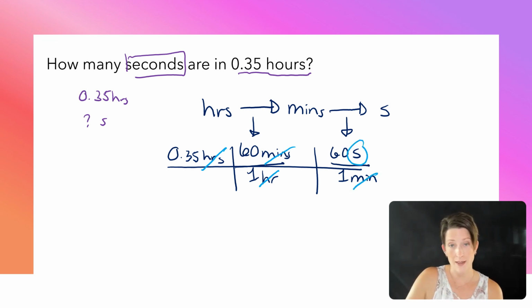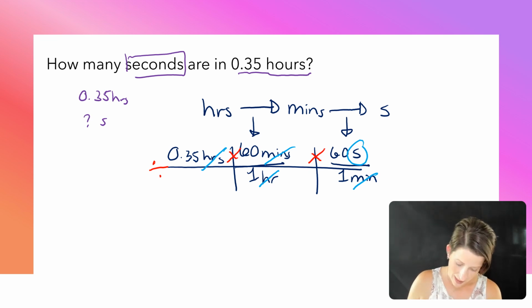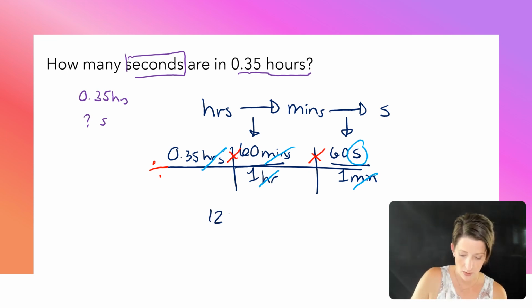And I am left with seconds. And that is what I'm looking for. So I set the problem up correctly. Now I'm going to work this through mathematically. So 0.35 times 60 times 60, divided by 1. I'm going to plug that into my calculator, and I get 1260.